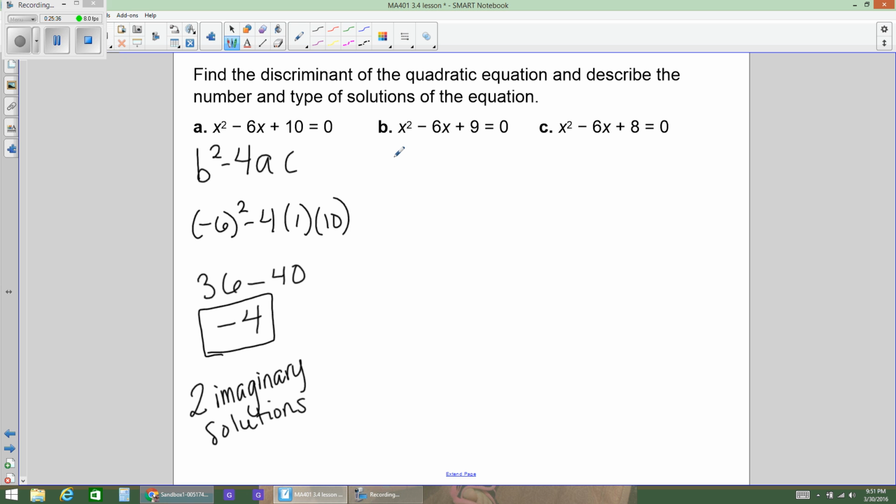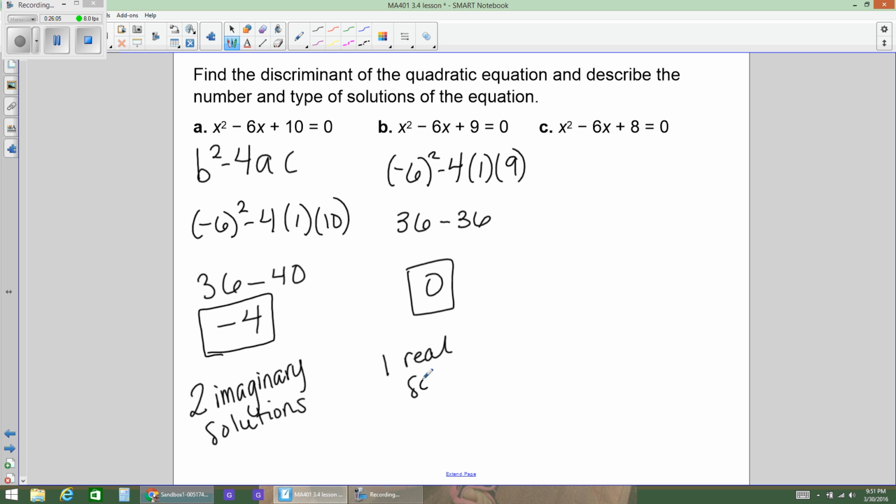Okay, over here, again, b squared minus 4ac. So, negative 6 squared minus 4 times a times c. That's 36 minus 36, which is 0, which means there's one real solution.